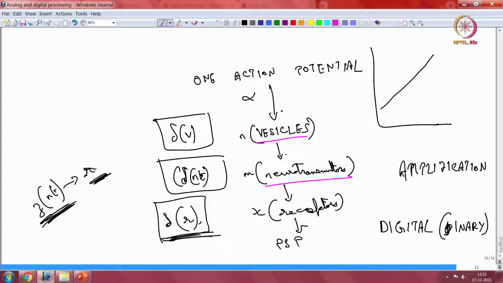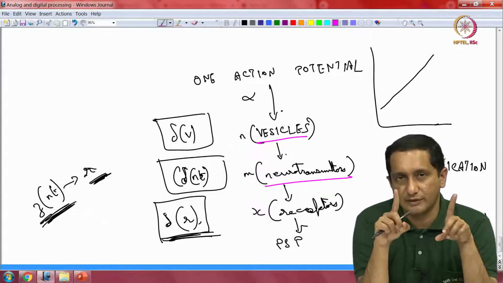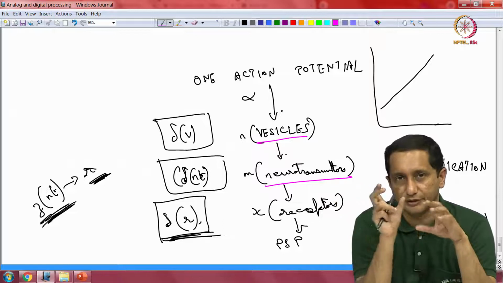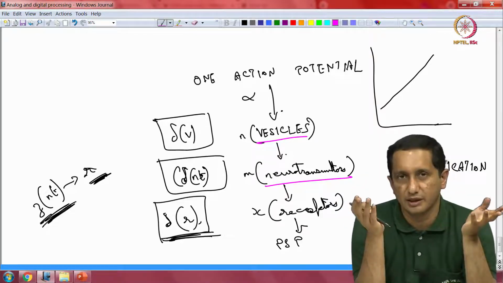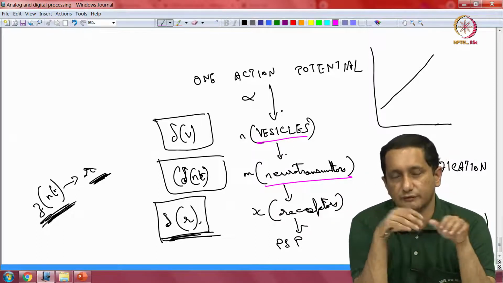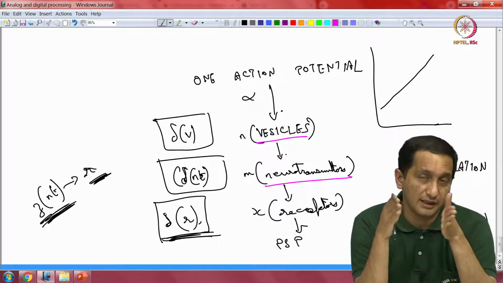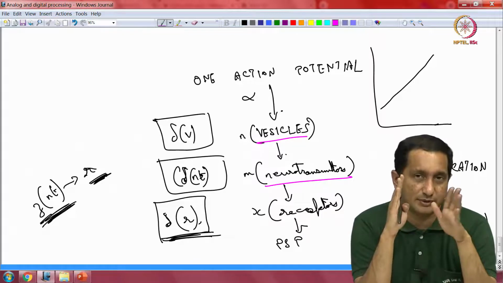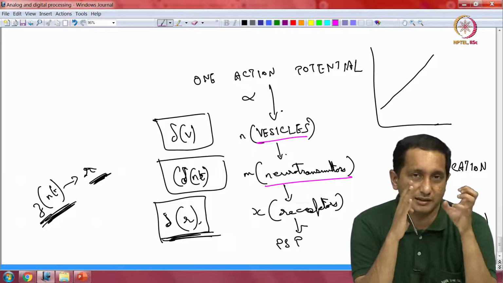Say if we imagine in the simplistic scenario, one action potential producing one vesicle release, which produces so many moles of a neurotransmitter, say 1 nanomole of neurotransmitter, and that 1 nanomole attaches to a fraction of the receptors on the postsynaptic surface. So, we are looking at a digital part, but at this synapse, because of the relative disproportion, there are more receptors than vesicles.